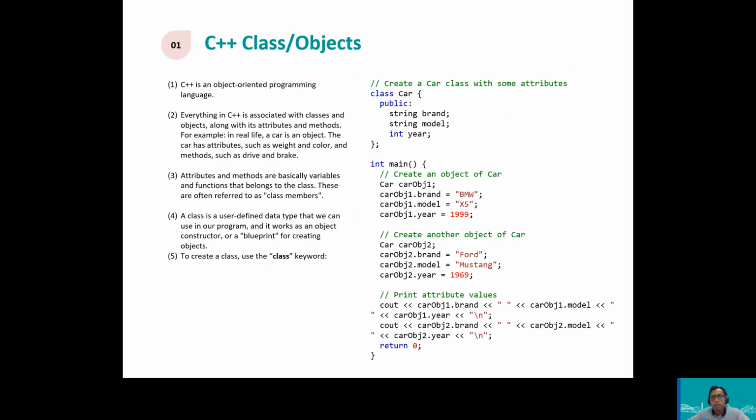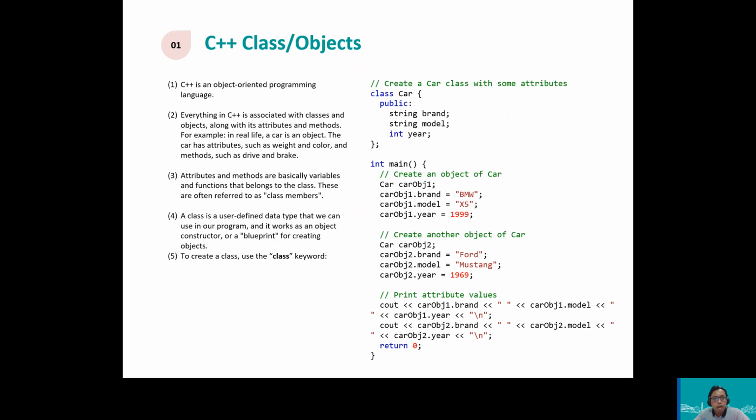So first and foremost, what is a C++ class or object? C++ is basically object-oriented programming, which I will explain later. Sometimes we just call it OOP.